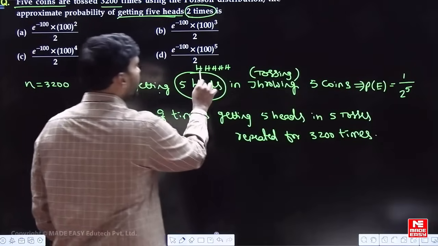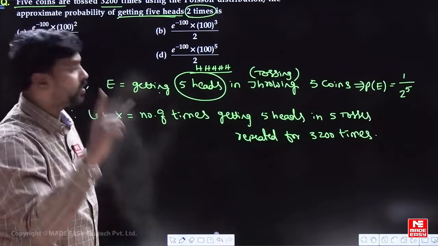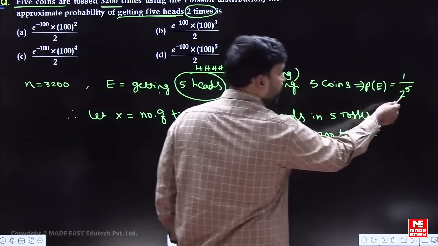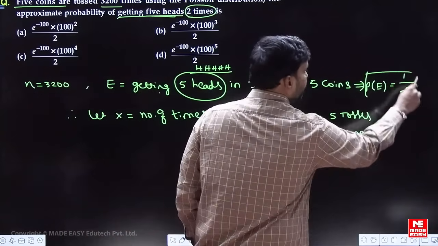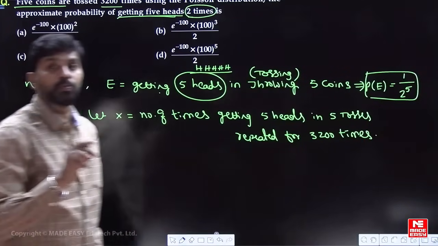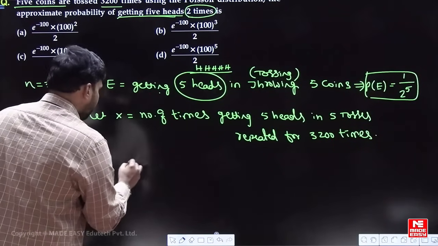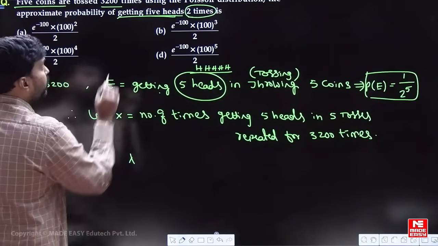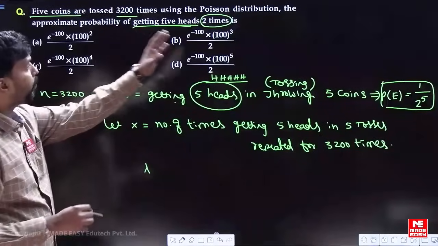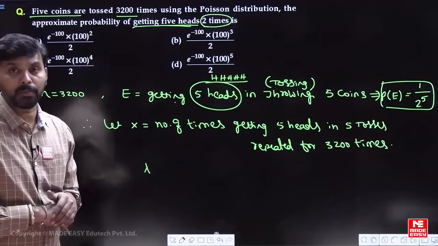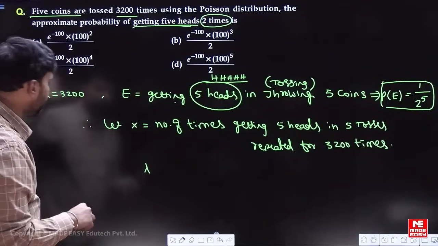So this is the only possibility, only one possibility out of 2 to the power of 5 cases. So therefore the probability of this event is 1 by 2 power 5 here. Okay, so now the point is here the lambda. According to Poisson distribution, you have to find out the probability of this event.